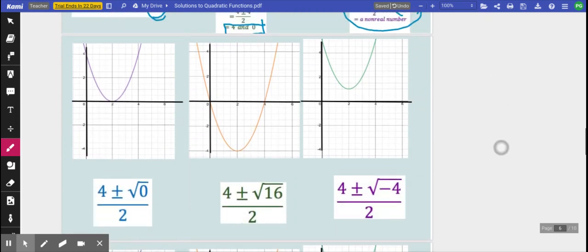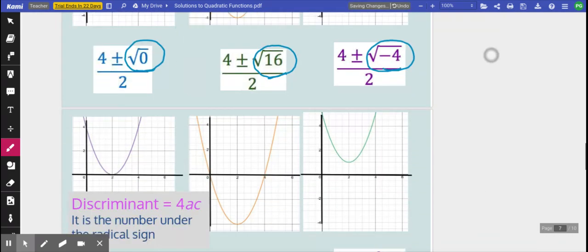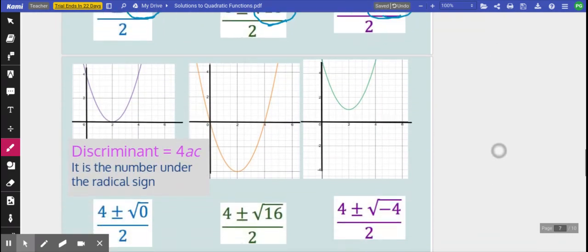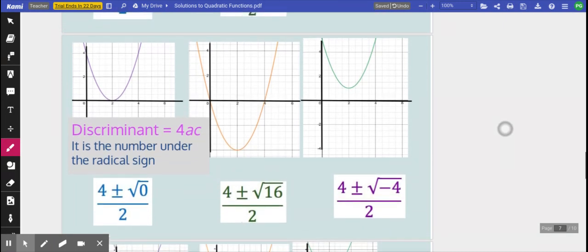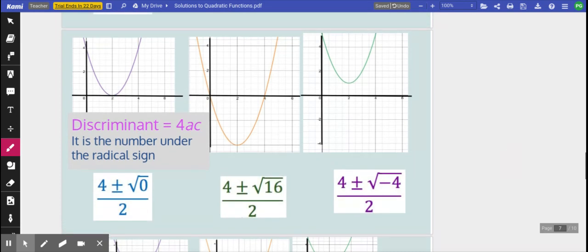So I want to bring your attention specifically to this part of the quadratic formula. That number that's under the radical sign is called the discriminant. And that tells us how many solutions a quadratic equation will have.